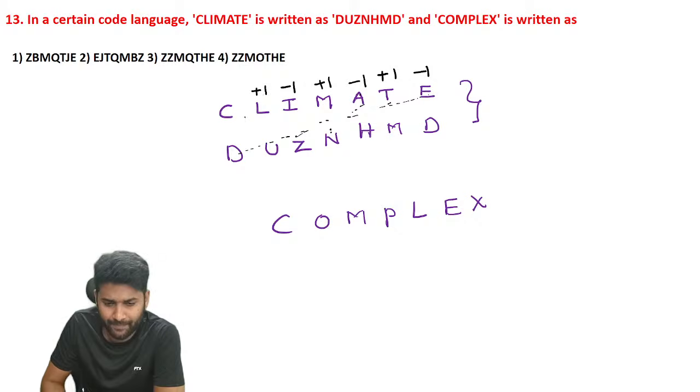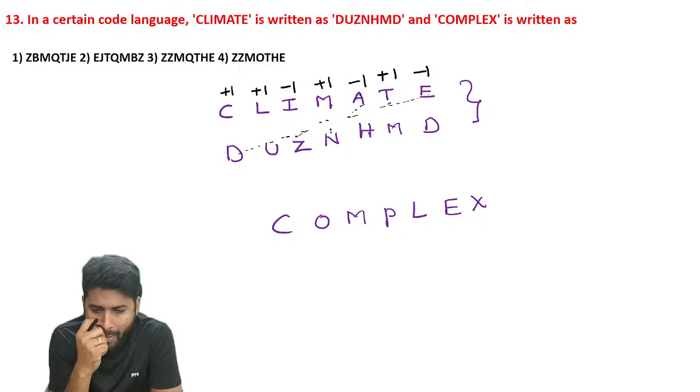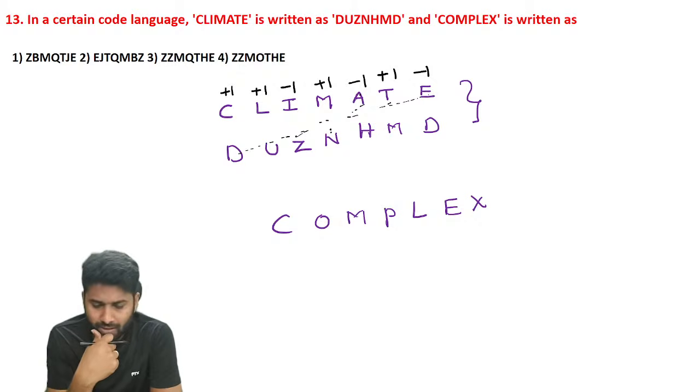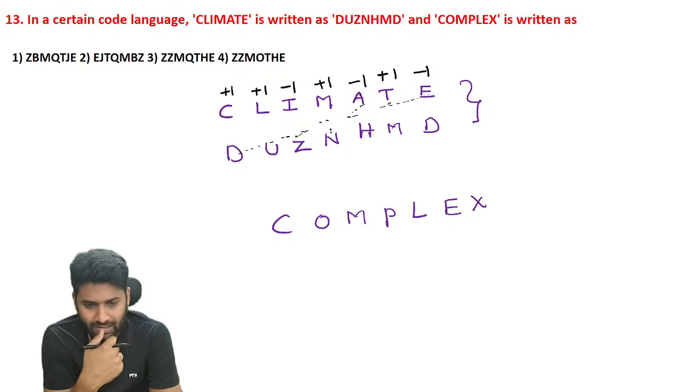C L I M A T E, D U Z N H M D, again plus 1. If you follow the same rule here, X is the 24th letter, right?